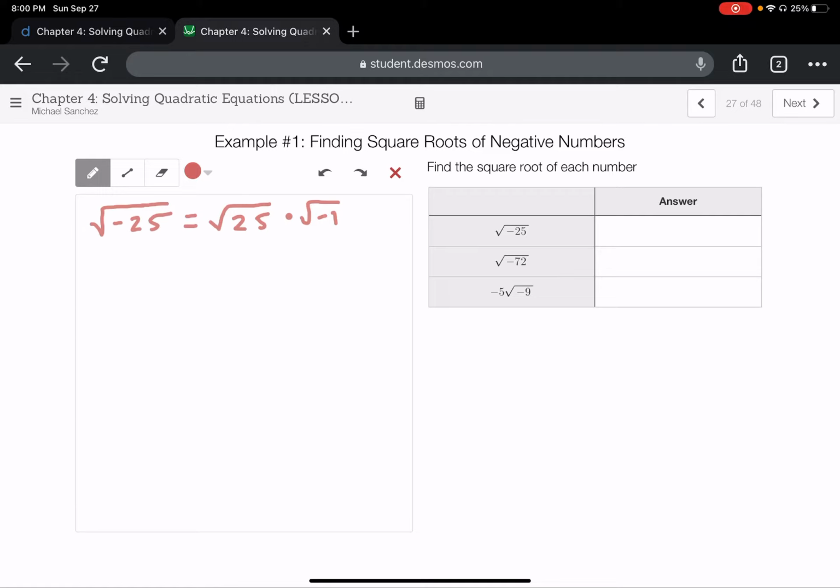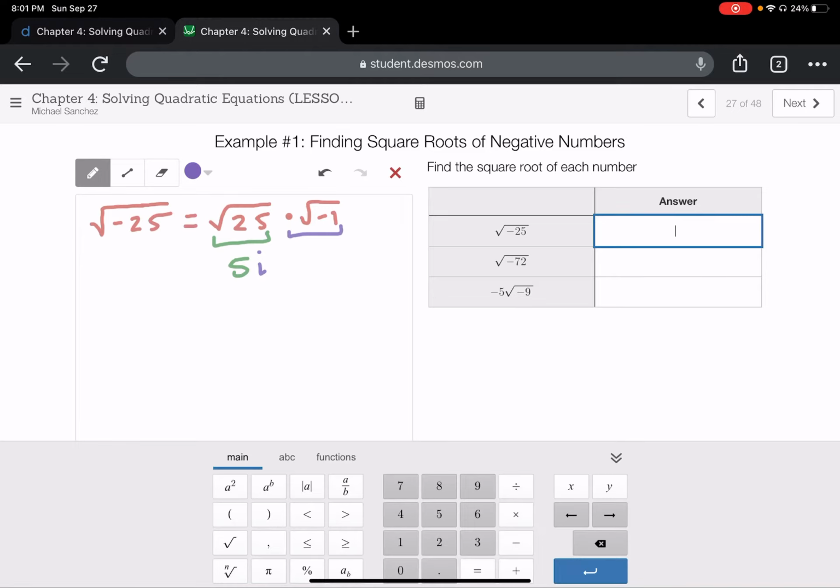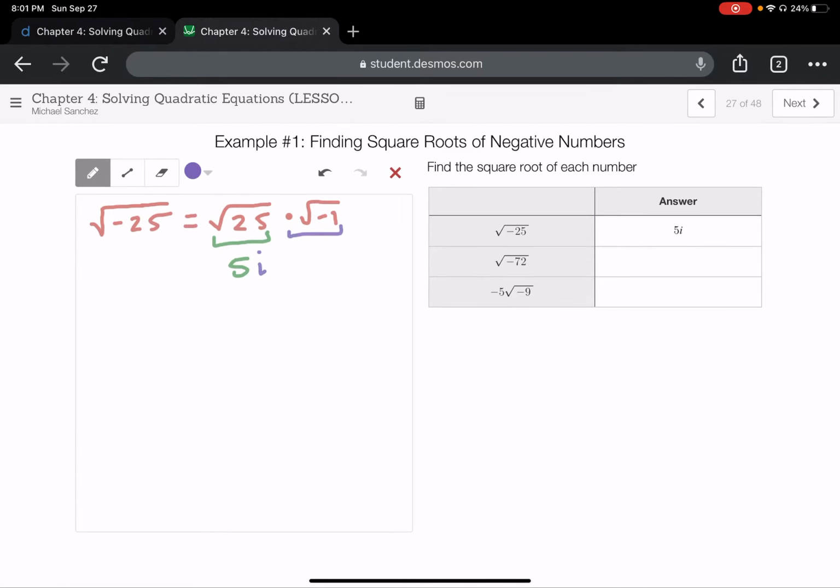I know that the square root of 25 is equal to 5, and the square root of -1 is the same thing as i. So the square root of -25 is equal to 5i, and that's what we write as the simplification of that square root.